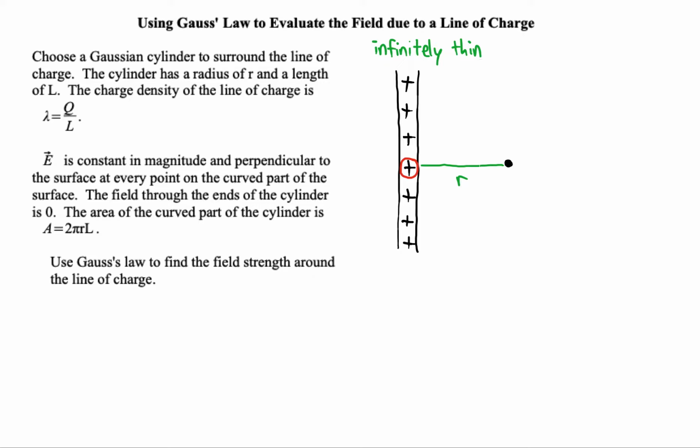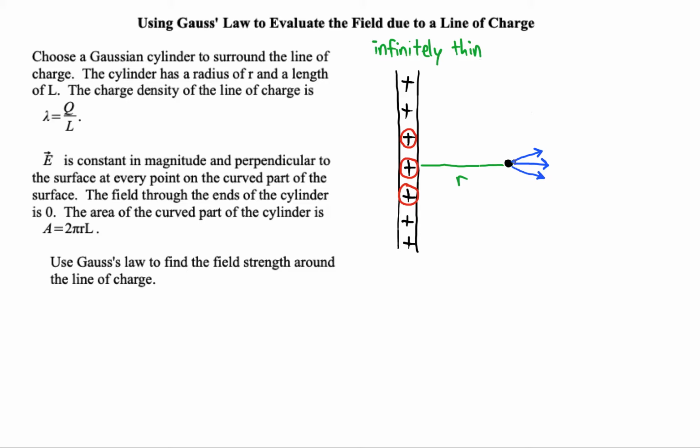Imagine doing superposition for each of the little pieces of charge that would contribute to the overall field. This point charge here would contribute a field to the right. This charge above would create a field that points down and to the right. And then this charge below would create a symmetrical field that points up and to the right.